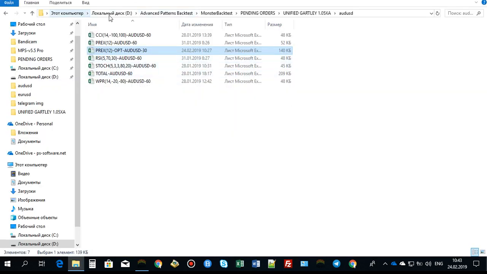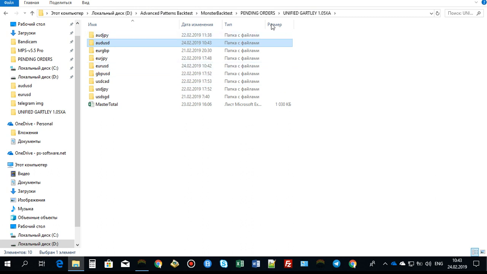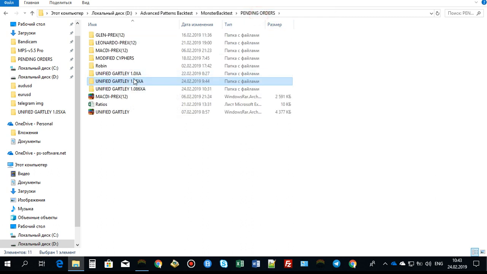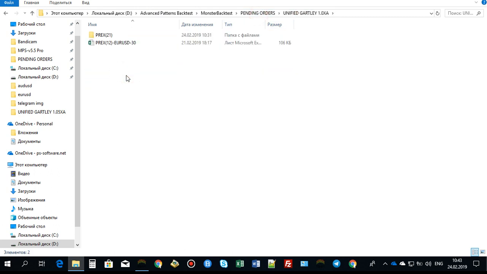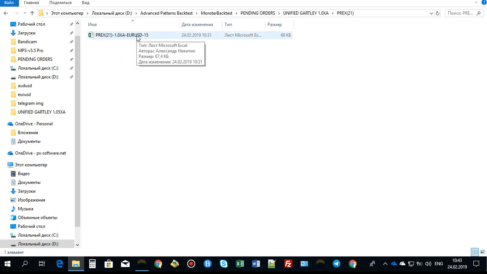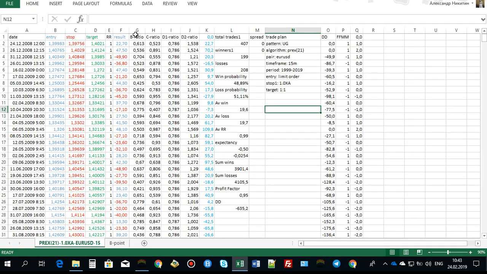If we go here and we choose unified Gartley with stop loss 1, and we choose the swing identification algorithm as Prex 21, and even if we choose the 15-minute time frame, we have a similar picture. So here are the results: 400 trades found.